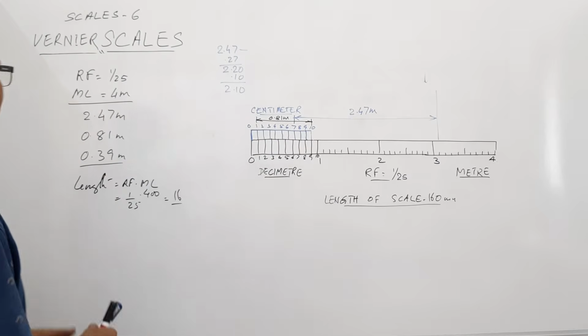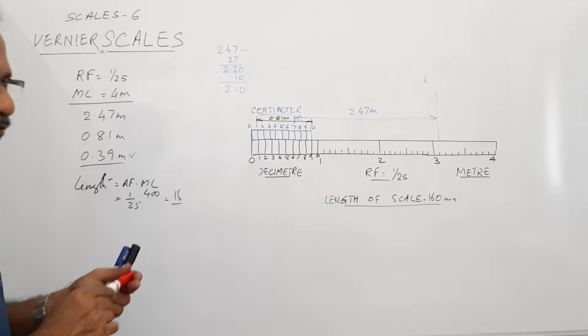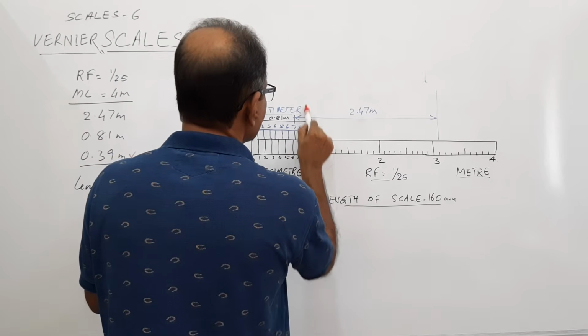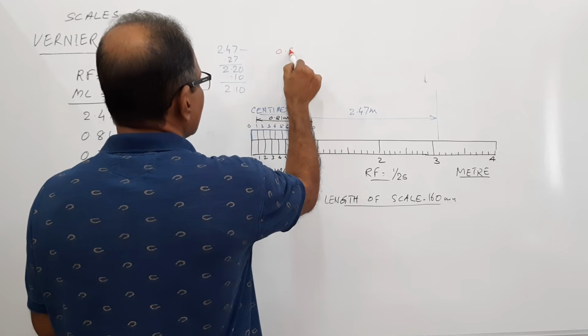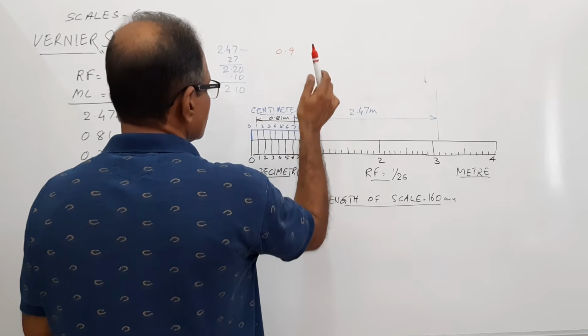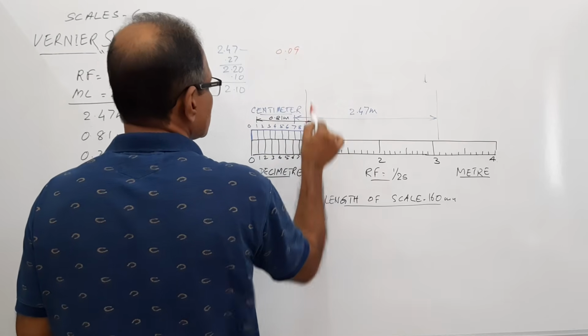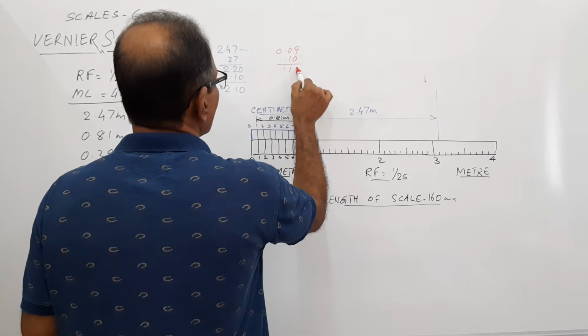The third is 0.39. Which multiple of 9 ends with a 9? 1. 0.9. No. 0.9 plus 0.1, 1.9.